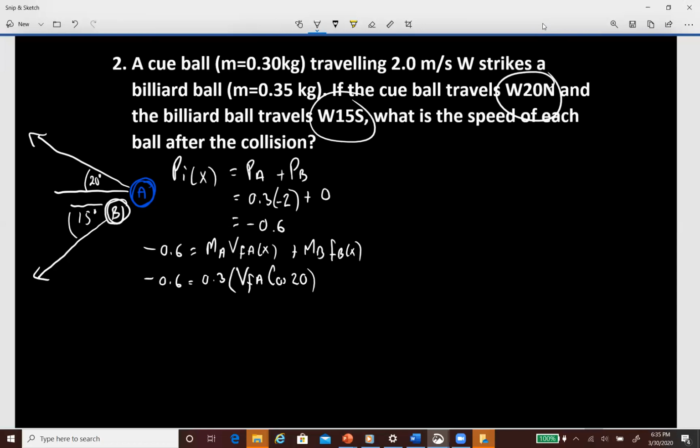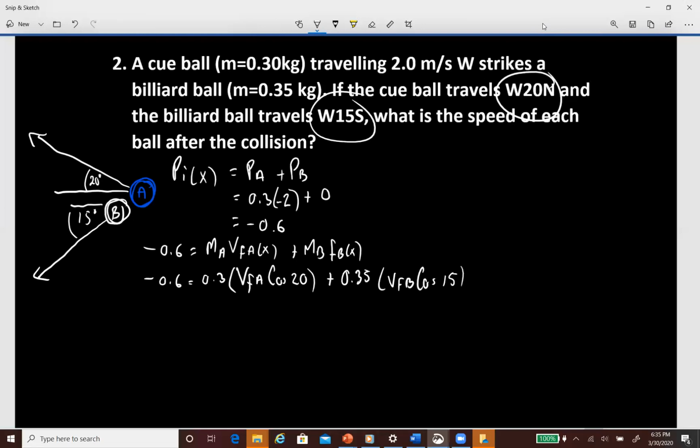We can do the same thing for B, with its mass of 0.35, slightly heavier for some reason, times the final velocity of B times cosine of 15. That's going to equal negative 0.6.